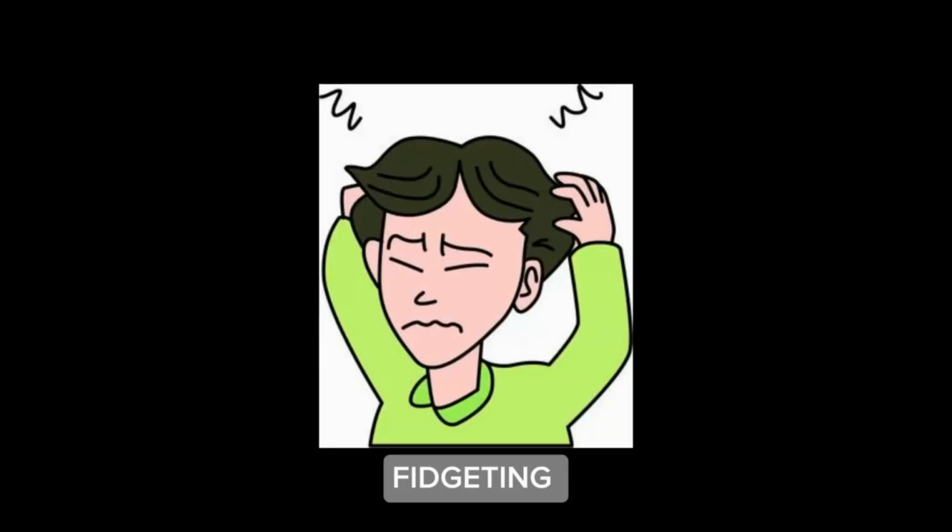Okay, next. Fidgeting. A suspect may constantly move about in the chair, pull his ears, rub his face, etc. So, fidgeting happens when a person is guilty or nervous because the body releases stress hormones.